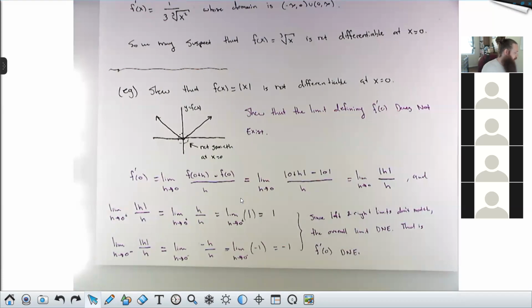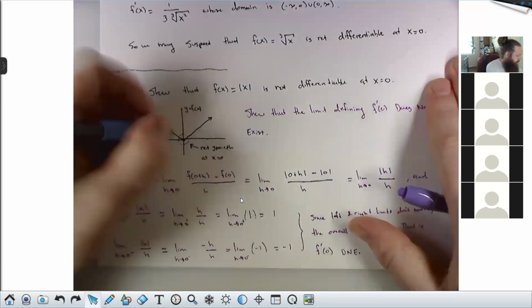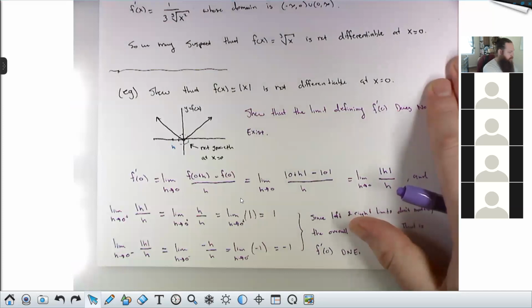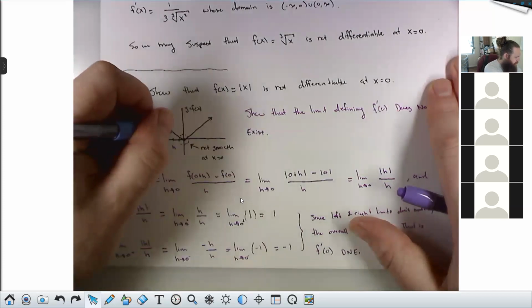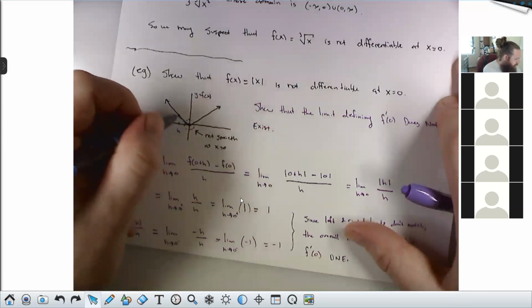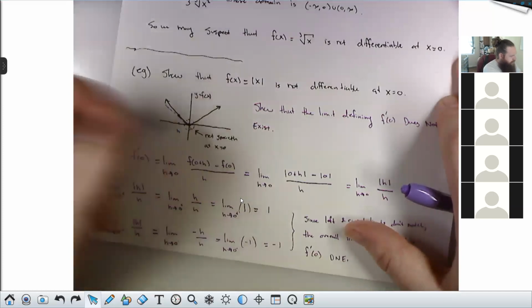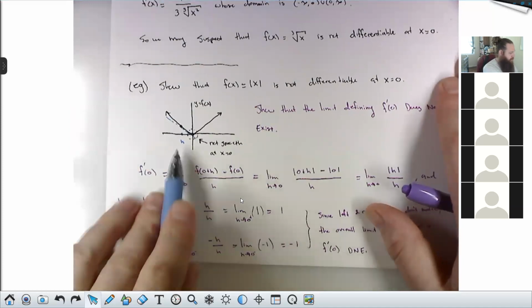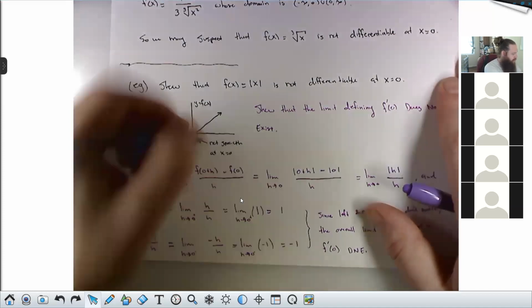And if you want to, you can think about this geometrically. If I'm thinking of h as being over here, just to the left of 0, then the slope that we're looking at there is this guy. It would actually sit right on top of that black line. As h comes in, this is always negative 1.